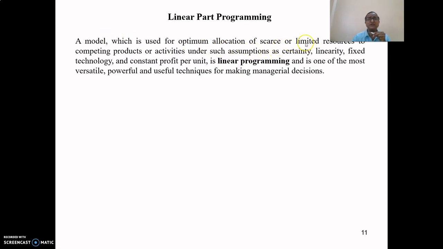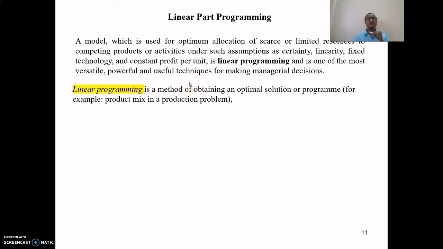The resources used for production are limited for competing products or activities, under certain assumptions: certainty, linearity, fixed technology, and constant profit per unit or minimum cost per unit. It is one of the most versatile, powerful, and useful techniques for making managerial decisions on how to use resources optimally.